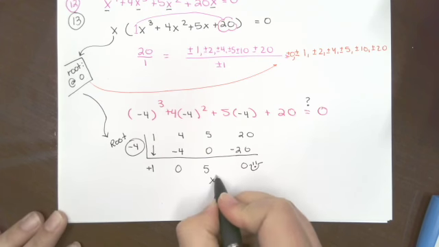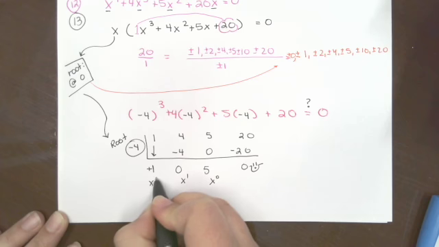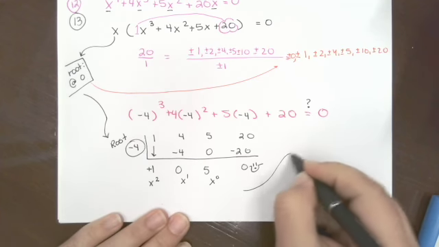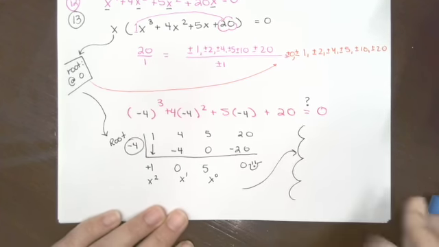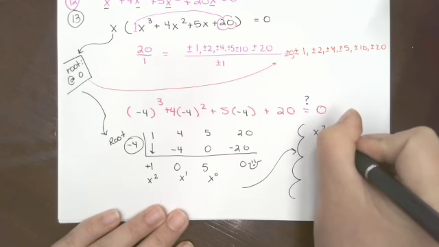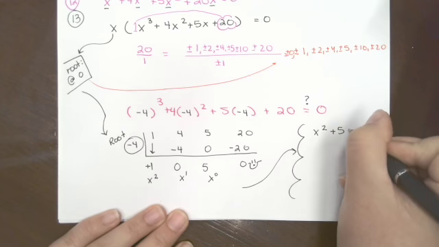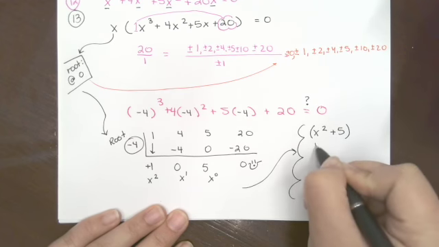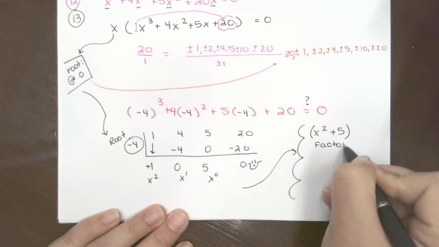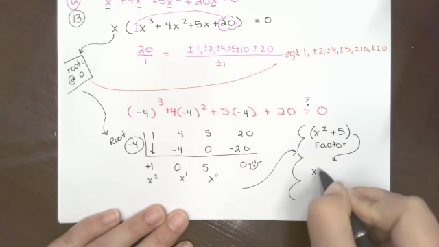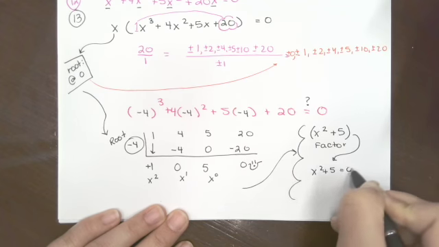Let's rewrite this. This is x to the 0th power, to the 1st, and to the 2nd. So that means we have, trying to save space here, x squared, we don't have an x, plus 5. That is our factor. So in order to find what the root is, we set it equal to 0 and solve.